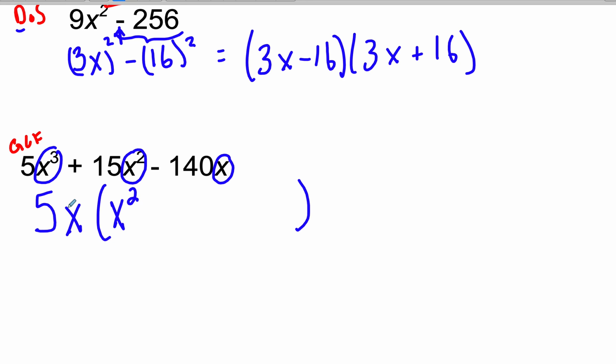And you can see if you distributed this, x times x would give you x cubed. 1 times 5 would give you 5. Here I would have 3x because 5 times 3 is 15. And x times x is x squared. And then here, what I have is 28.